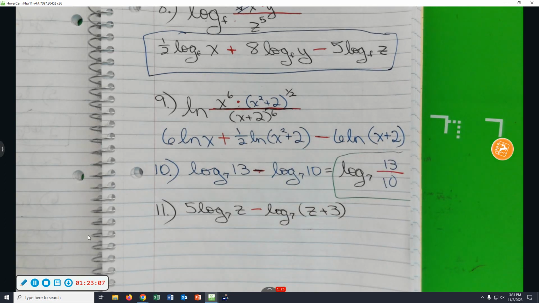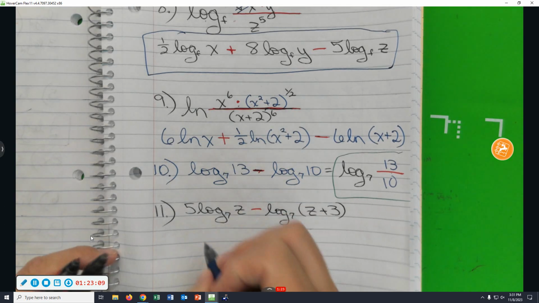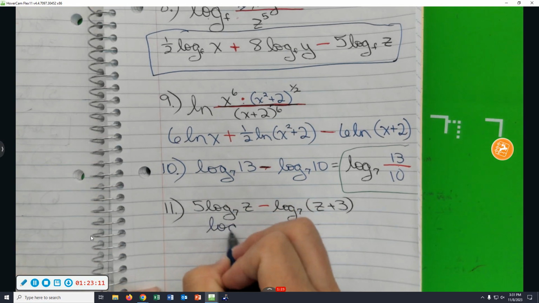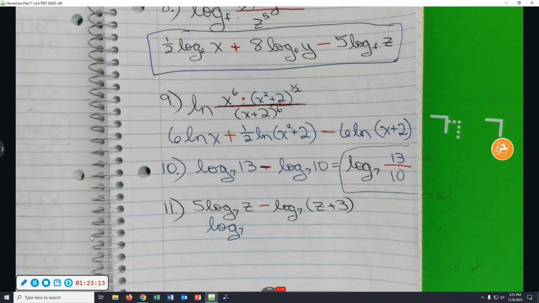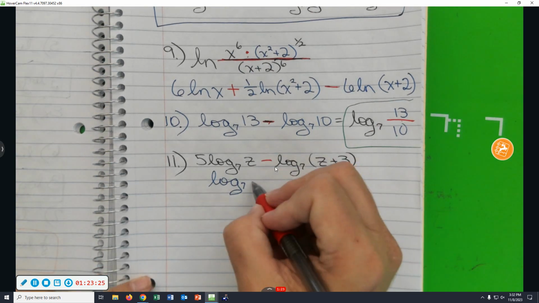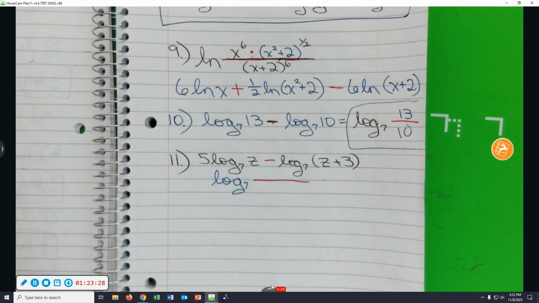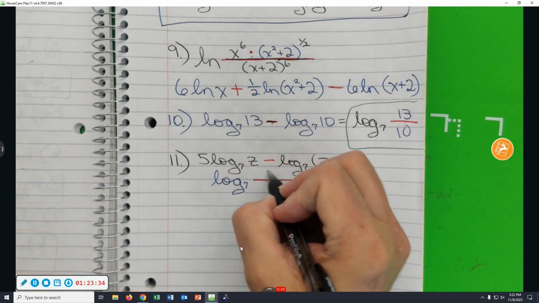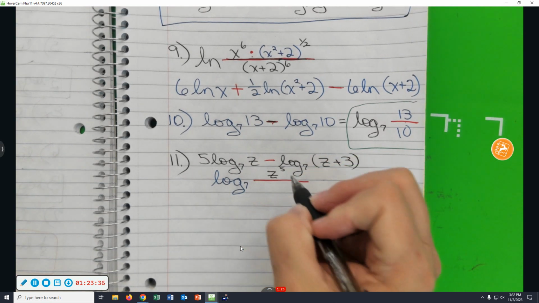So I'm writing my log base 7. First question, do I need a fraction bar? Yes, because that minus right there says I need a fraction bar. What's going to go on top? Z to the fifth. I'm so glad you said that. You have no idea how often students will say 5z.